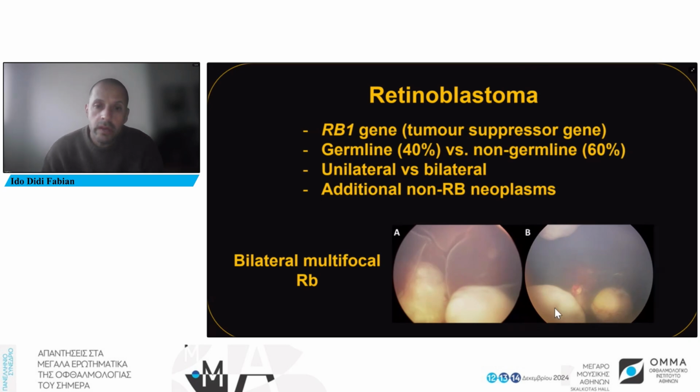So this is 1, 2, 3, and this is the left eye, and the fellow eye is involved as well. It's difficult to say if these are two separate different tumors. You can see the retinal detachment here. It's a serous-exudative detachment. It could be a single tumor from a single cell, but that has two different lobes. So the majority of germline cases present with bilateral disease.